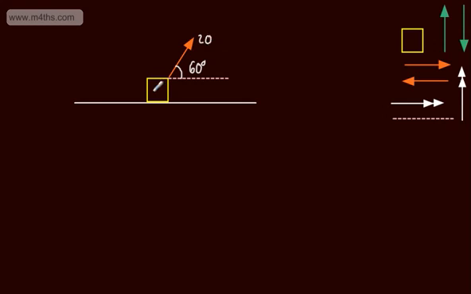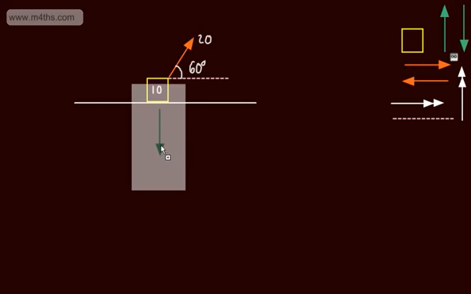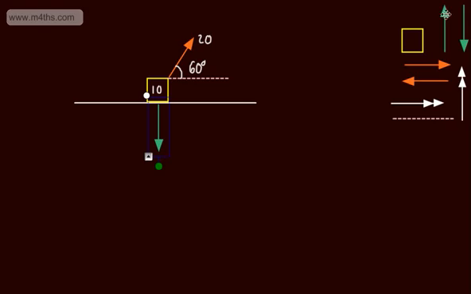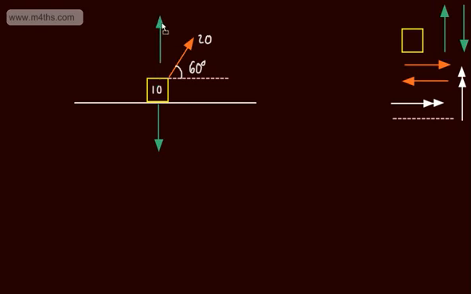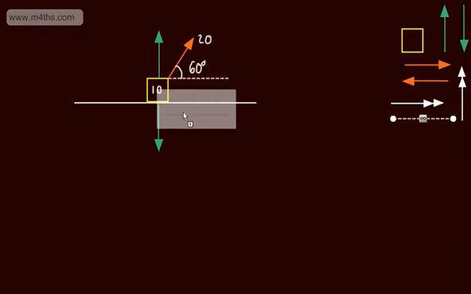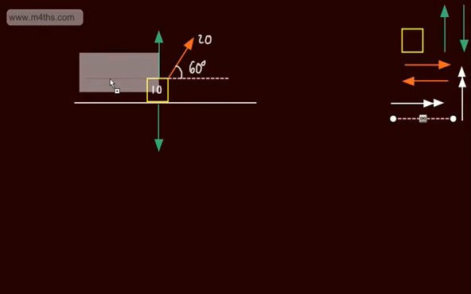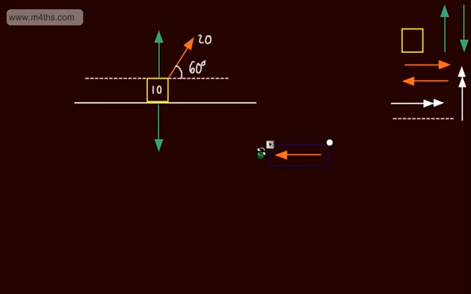Let's say we've got a mass of 10. We're going to have the weight acting downwards, so let's put that on, and then put a normal reaction. The normal reaction is going to be perpendicular to this plane. Now let's put on a different force. Let's say we've got two kids who have tied this box, and one is going to be pulling in this direction, the other will be pulling in this direction.